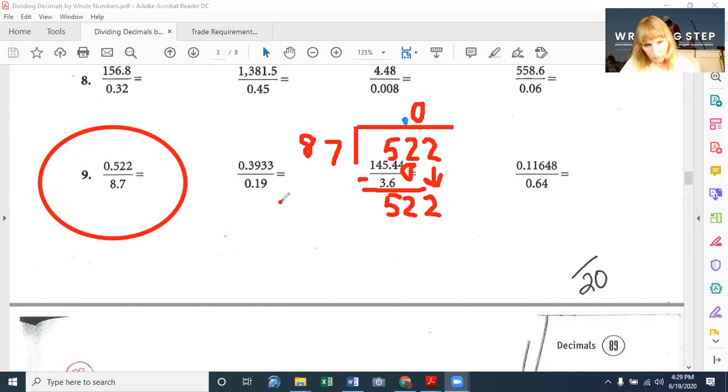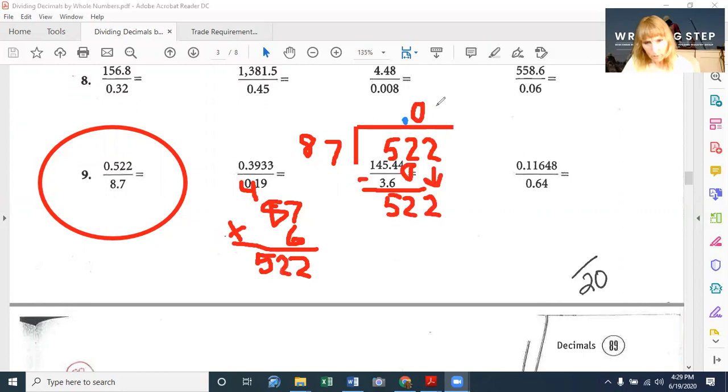That's going to be too much or too little. Let's try 6. I think 6 is going to be just right. 6 times 7 is 42. 2 carry the 4. 6 times 8 is 48 plus 4. 49, 50, 51, 52. So that was exactly the right number.